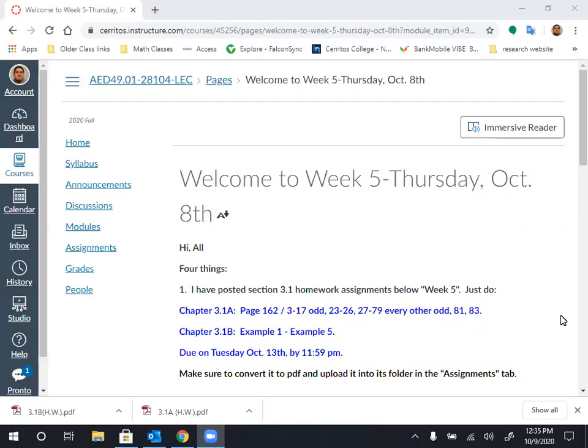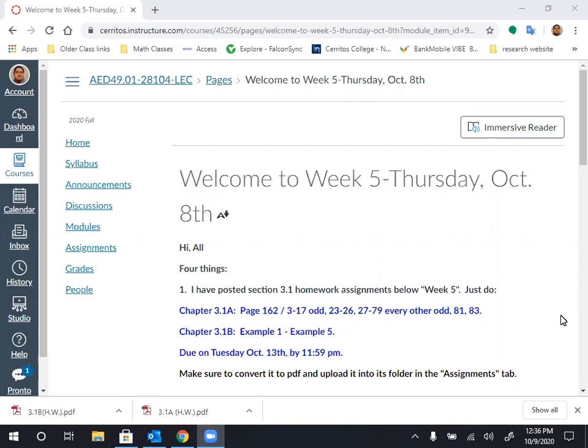3.1a, it says 3 to 17 odd. That means 3, 5, 7, 9, 11, 13, 15, and 17.